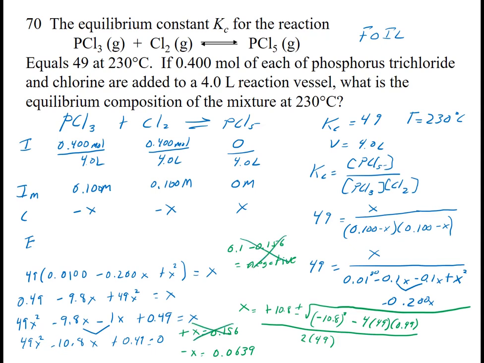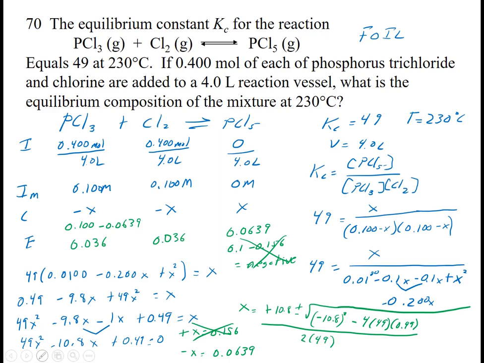So I'm instead going to have 0.100 minus 0.0639, and that's going to be true for both of these. So what I end up with is a 0.036, a 0.036, and a 0.0639.